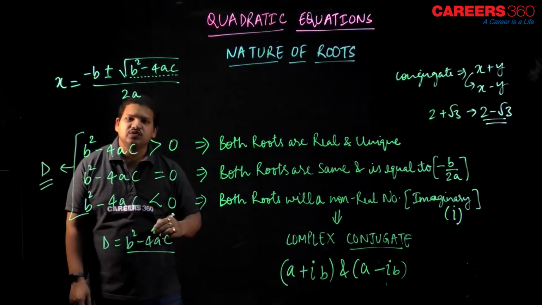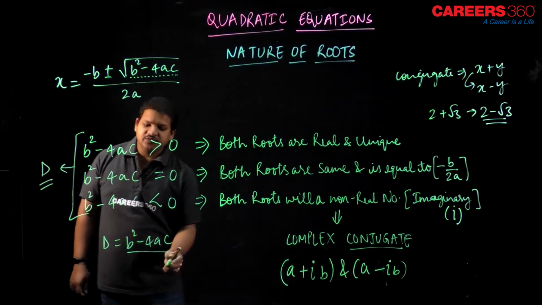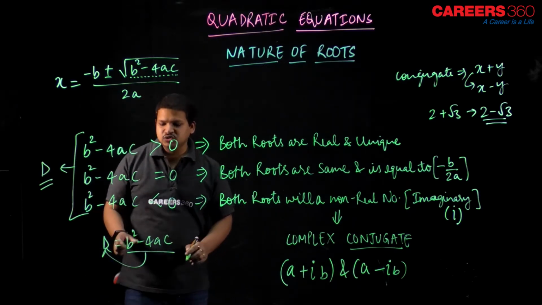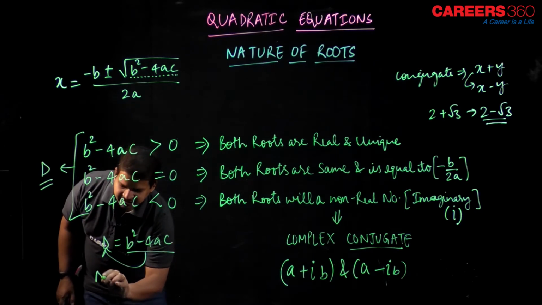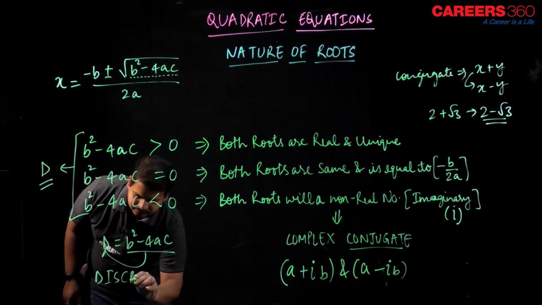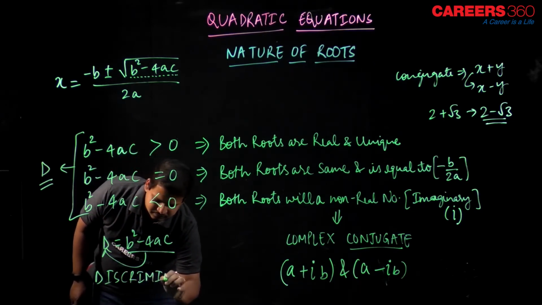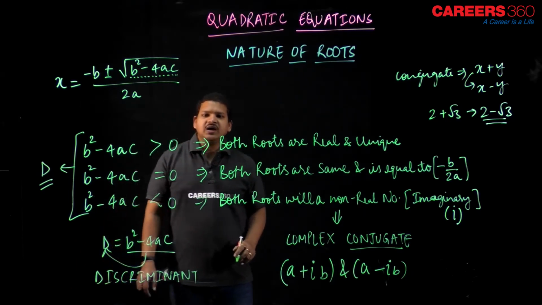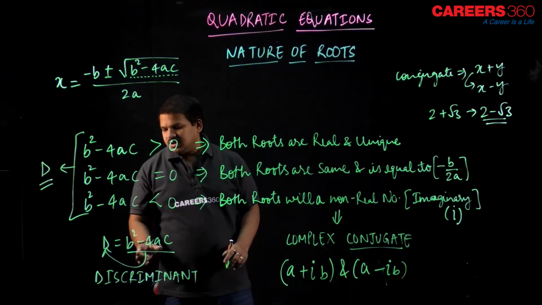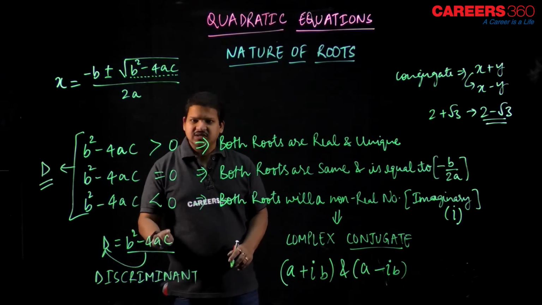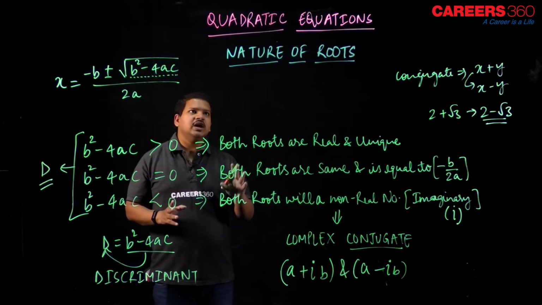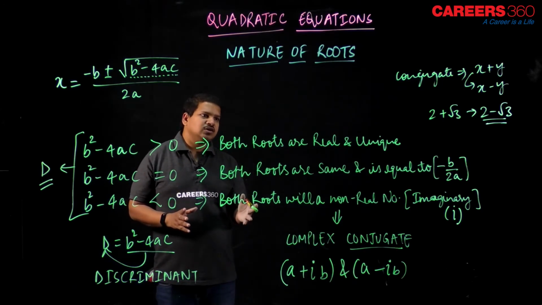Since b square minus 4ac is such an important term, it is known as the discriminant. I hope it is clear how we can represent the nature of roots.